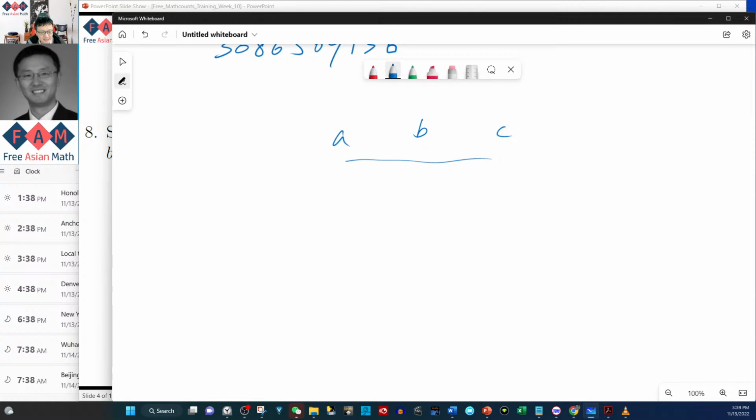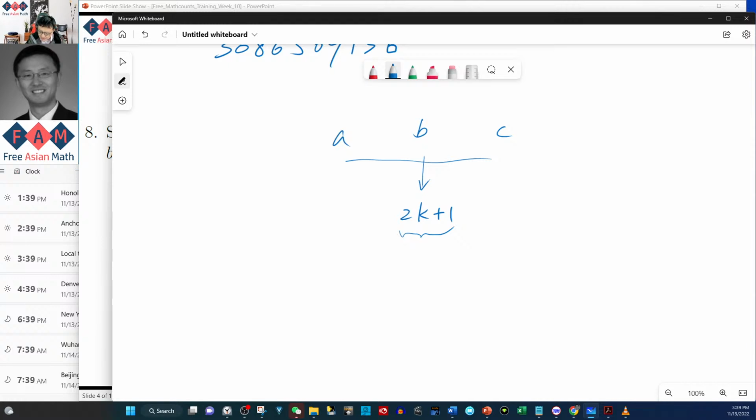How do we represent an odd integer? Well, we usually represent an odd integer as 2k plus 1, where k is an integer. This guarantees that this number would be an odd integer. And positive, then you just need k to be at least 0.